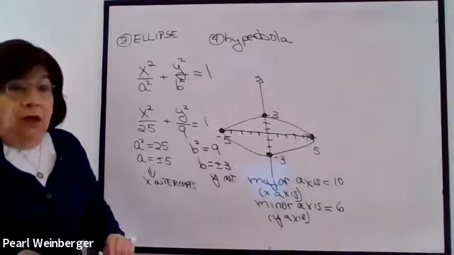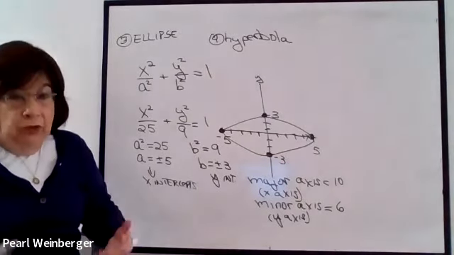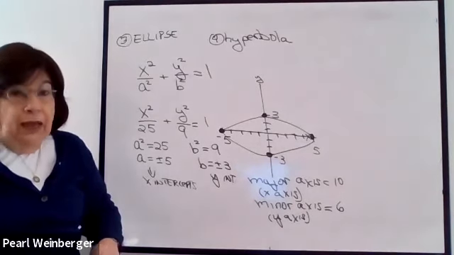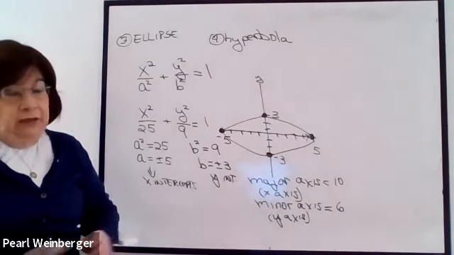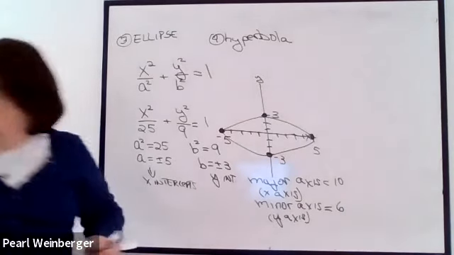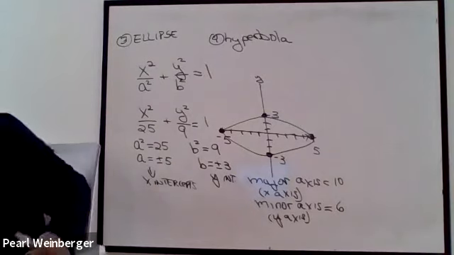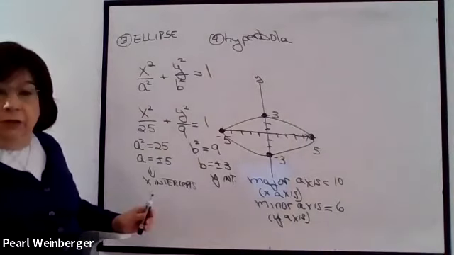Okay, so we've discussed what happens when we have our equation in standard format. What happens if our equation is not in standard format? Let's look at that. Suppose I were to give you this equation.